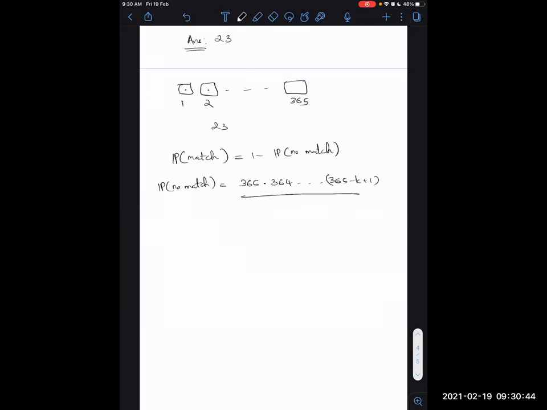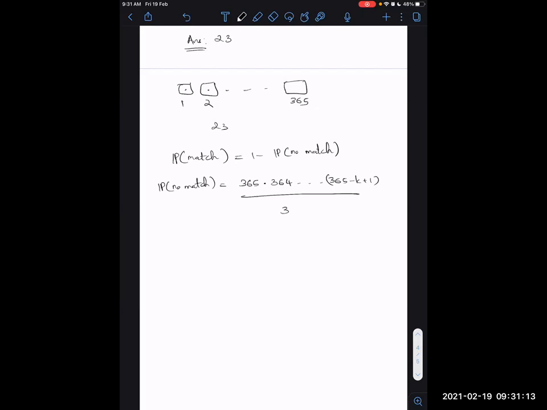The second person only has 364 days because he can't coincide with what the first person chose. Since there are k people, the kth person has 365 minus k plus 1 choices. We have assumed that each of these days is equally likely, and because of that, we can apply the naive definition of probability.